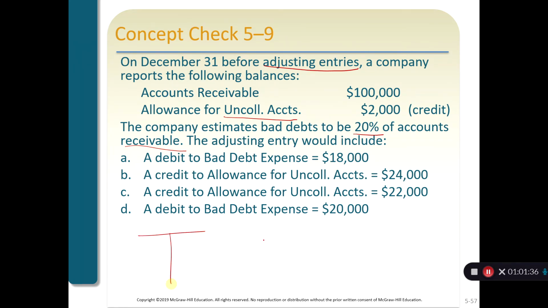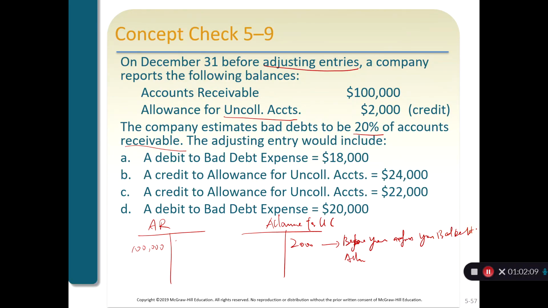So basically, before adjusting, you have accounts receivable of 100,000, and you have allowance for uncollectible accounts of 2,000. This is before you adjust your allowance for bad debt for next year, for the subsequent year.